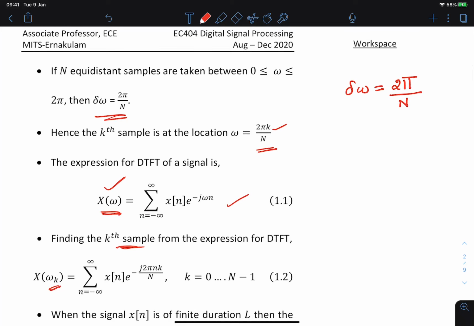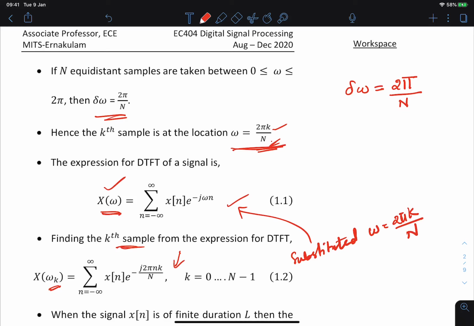We know that the kth sample is at the point 2 pi k by N. So all I did is, instead of omega, I substituted omega equal to 2 pi k by N, and I get this particular expression.